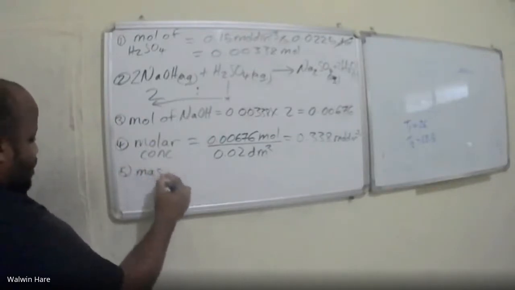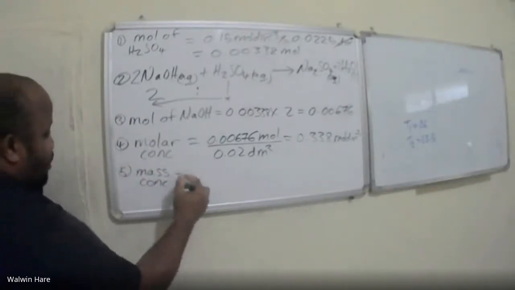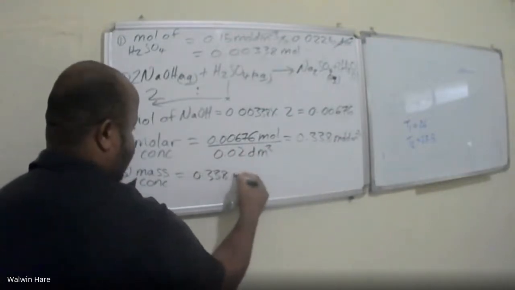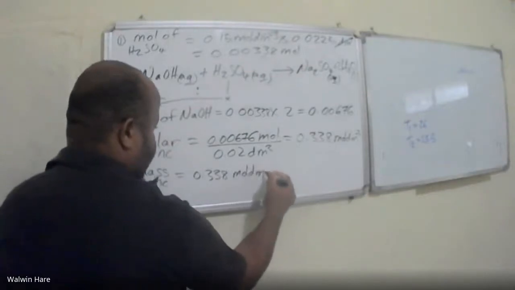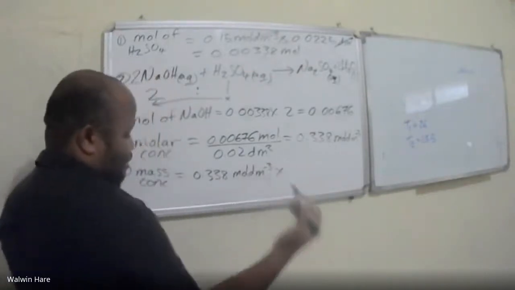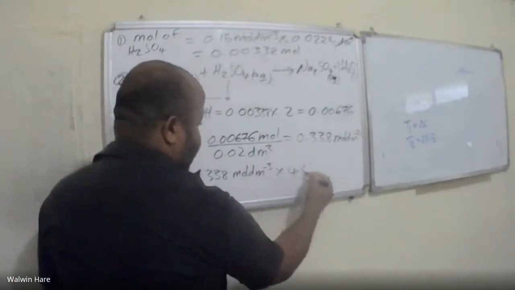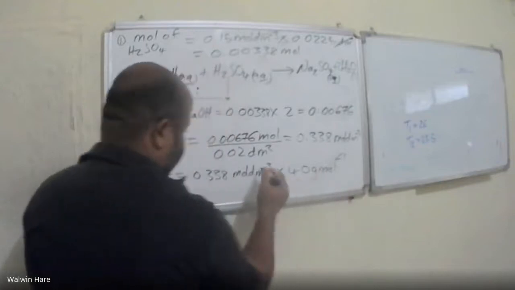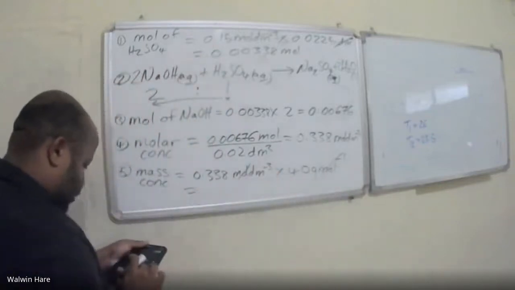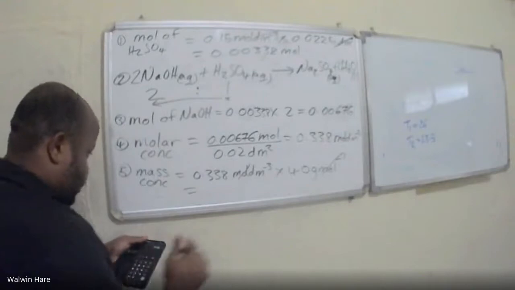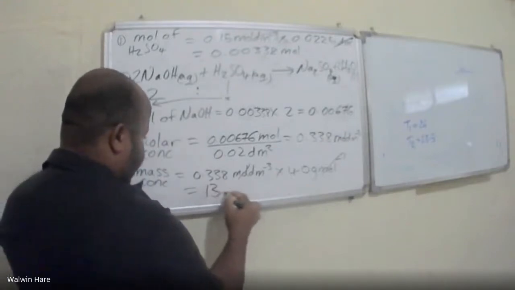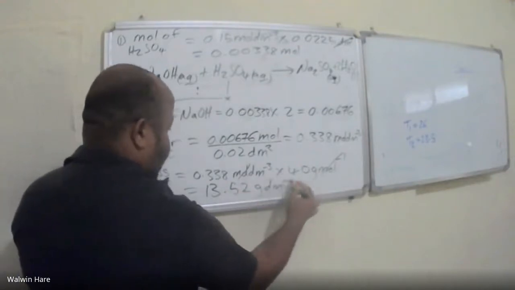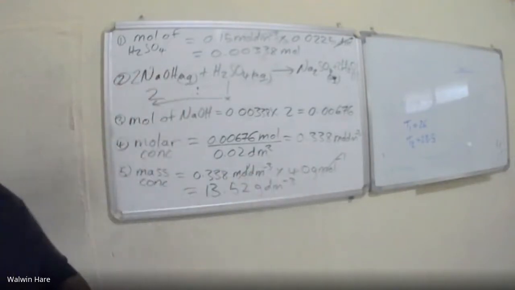And then the mass concentration would be equal to 0.338 moles per dm cube times the molar mass of sodium hydroxide, which is 40 gram per mole. All right, that gives 13.52 gram per dm cube. So that would be it.